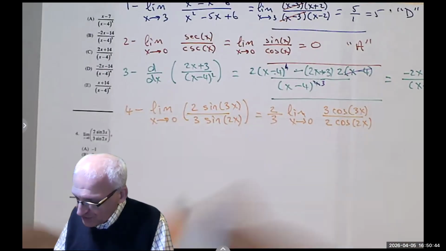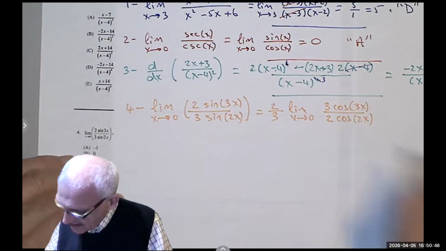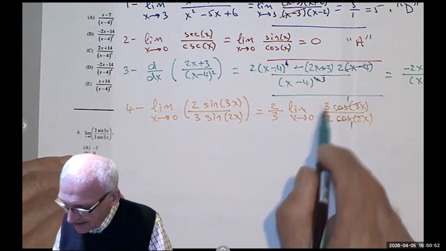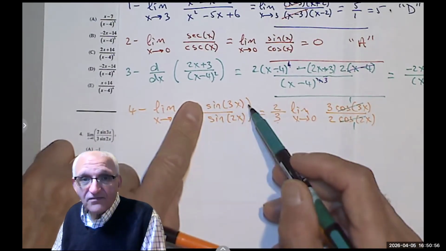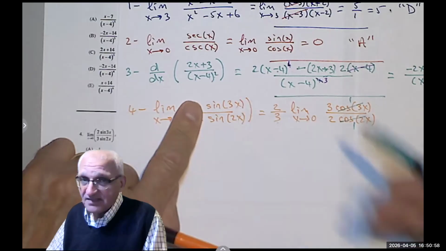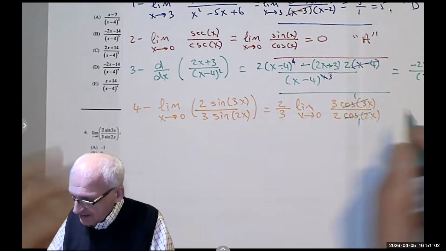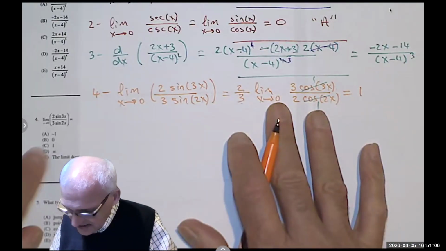When you substitute x equals 0, cosine 0 is 1. So this is 1, this is 1, and you have 2/3 times 3/2. Did you see why the limit of sine of ax over sine bx is a over b, or 3 over 2 in this case? 2/3 times 3/2 is 1, and 1 is c.